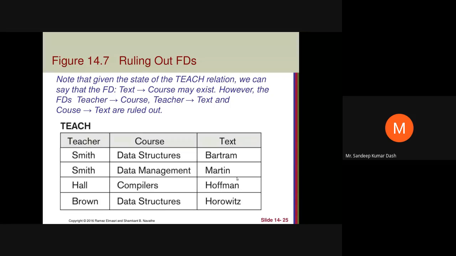But suppose I am not going to insert Bartram anywhere else in any of the rows, then there is no worry, because Bartram will never be repeated, and this may be repeated or may not be repeated. That is not a matter, because T1.x will never be equal to T2.x.